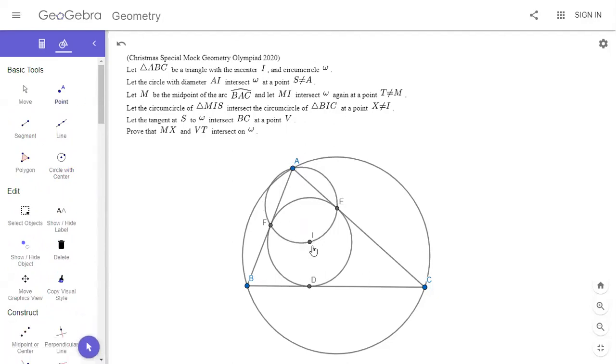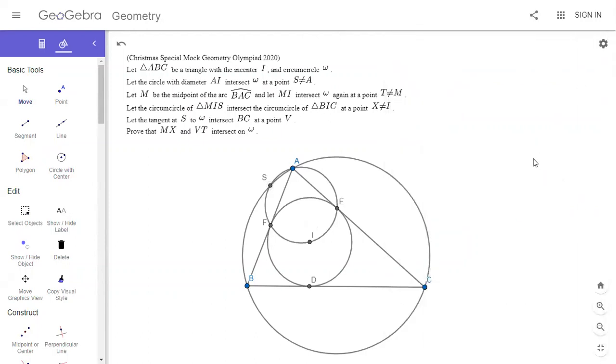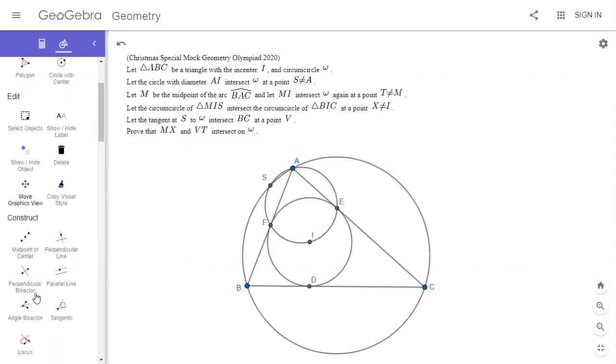So the circle with diameter AI, it also passes through E and F, right? Because AFIE is cyclic. And it intersects omega at S. M is the midpoint of arc BAC.